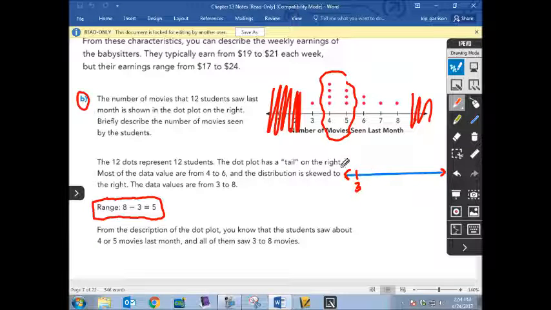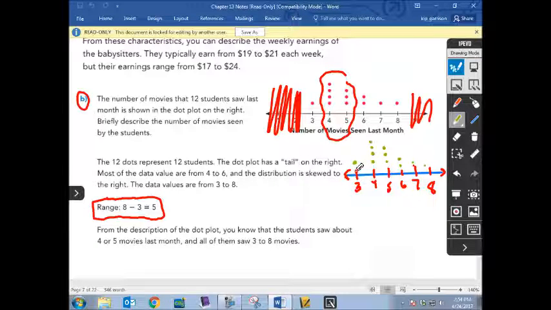Since there were no points, they could have just started at 3, 4, 5, 6, 7, and 8. There was 1 on 3, 4 on 4, 3 on 5, 2 on 6, and then 1 and 1. Now you can see that this would be tailed to the right.